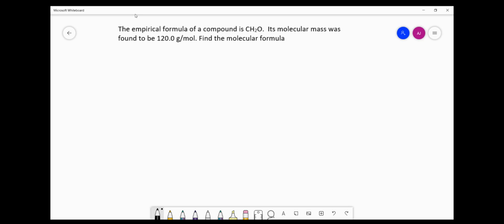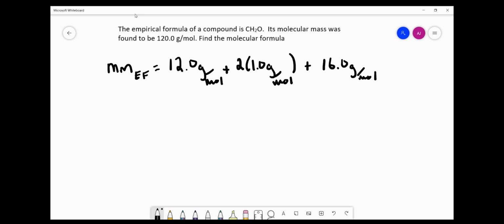So the molar mass of this compound is 120 grams per mole. I'm going to find the molar mass now of the empirical formula. The molar mass of the empirical formula is equal to 1 carbon atom, 2 hydrogen atoms, and 1 oxygen atom.